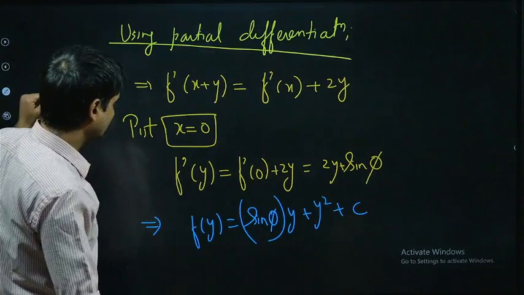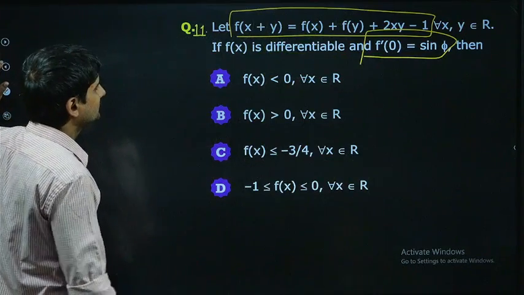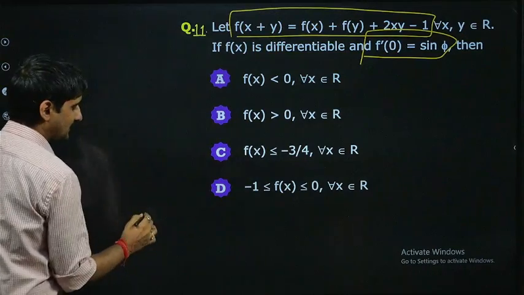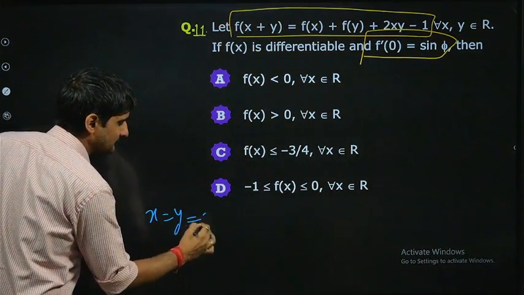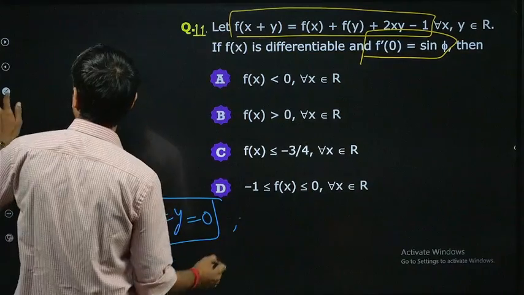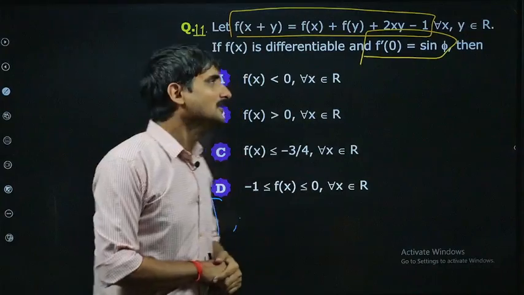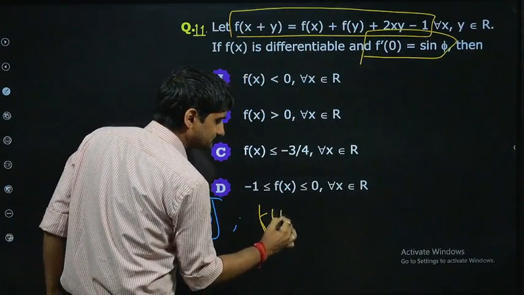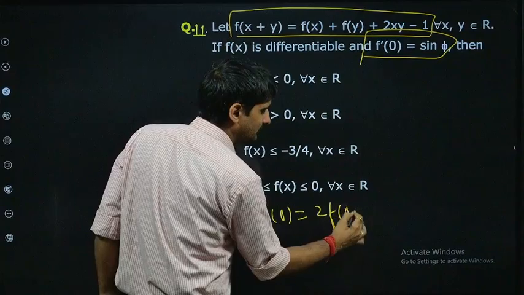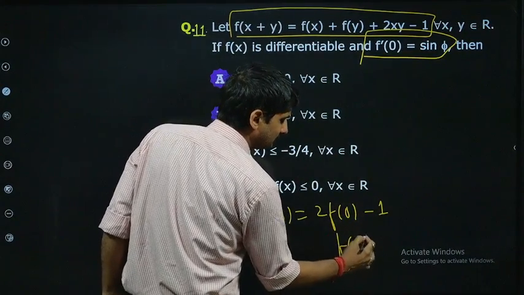And then to get the value of c, let's put x equal to y. That's the normal step which I always follow to get the value of f of 0 in such type of functional relations. So we get f of 0 is 2 times f of 0 minus 1, so f of 0 is nothing but 1 here.